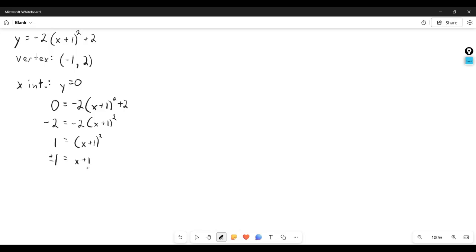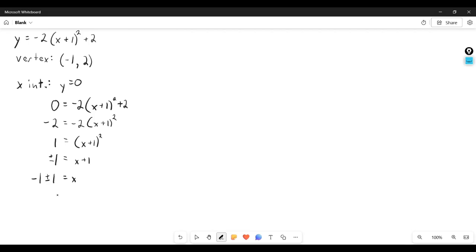Okay, so let's subtract this 1 to get it over on the other side. I leave this plus or minus 1 the way it is. I'll put x equals minus 1 plus or minus 1. Okay, so I subtracted 1 from here, I subtracted 1 from there. This goes away, and then you can see the minus 1 is there. And now let's do it both ways.